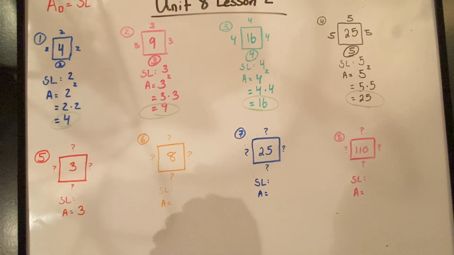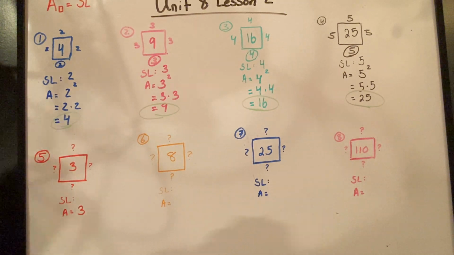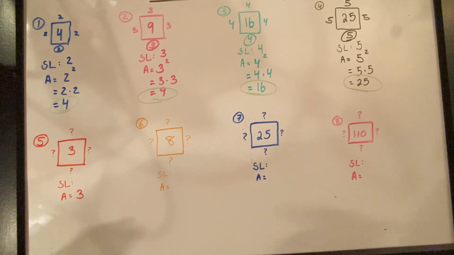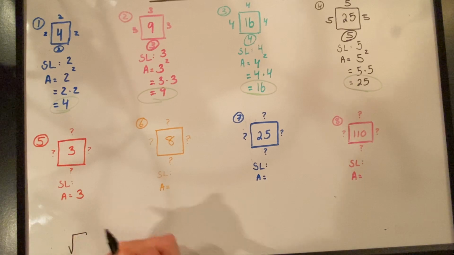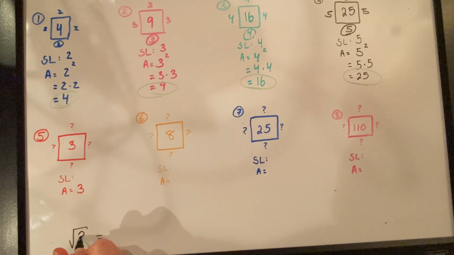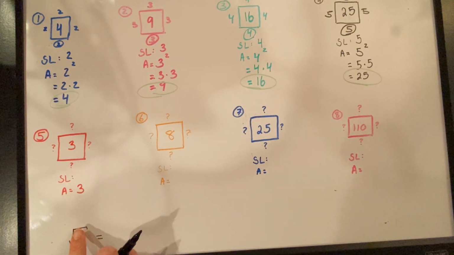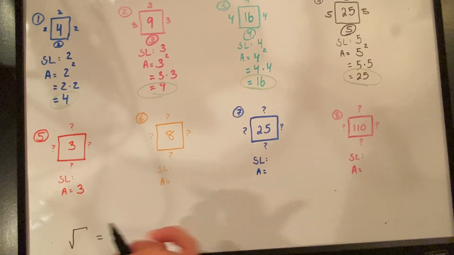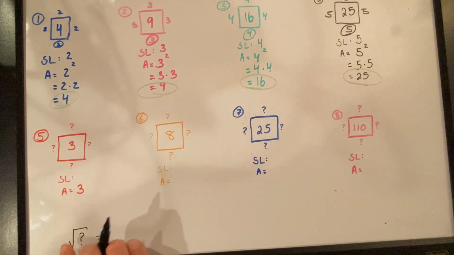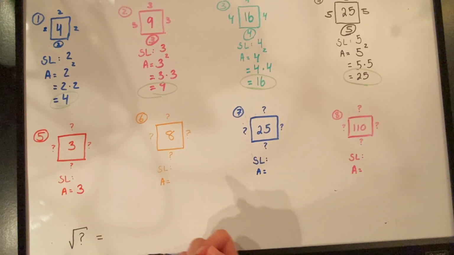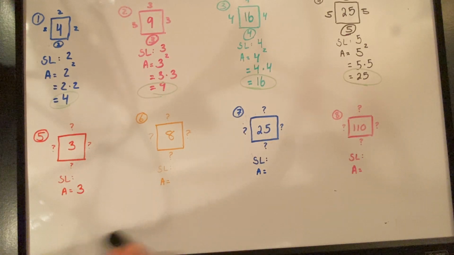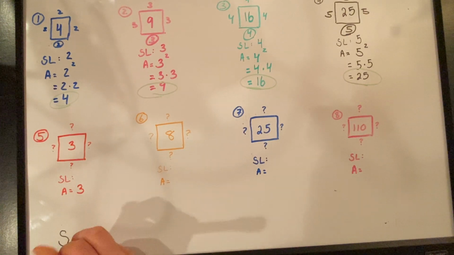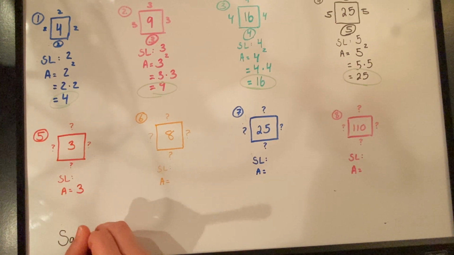Well, I'm going to teach you a new math symbol today. So the math symbol is this symbol right here. Okay, and I'll just put a random question mark in here. So what does this mean? The square root of some number. We're going to learn about square root.